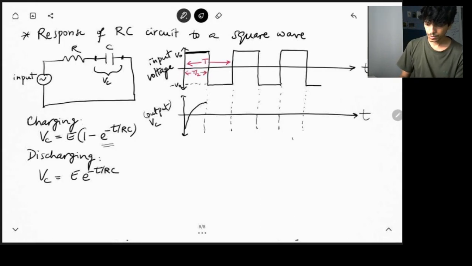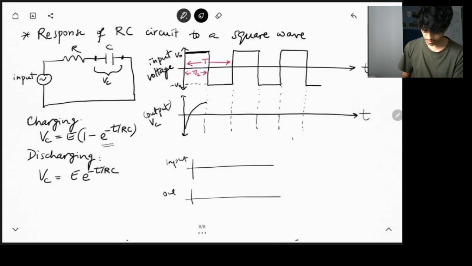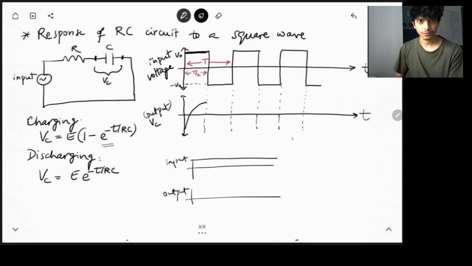Ideally, if the input was a pure DC source, so it was just straight, flat all through, then in the output I would have an increase and then gone asymptotically flat. This is what we saw previously.